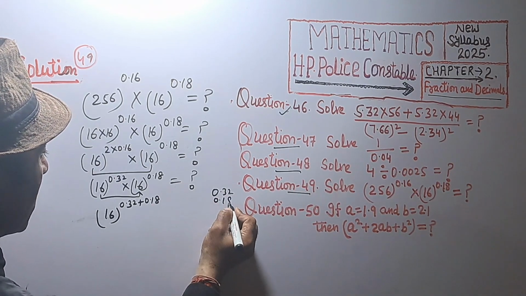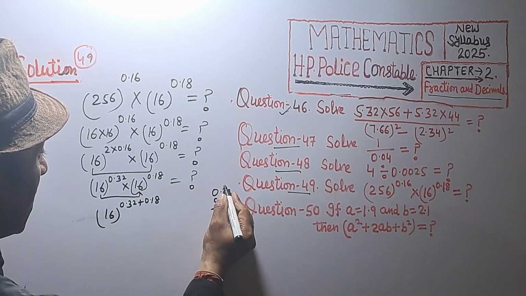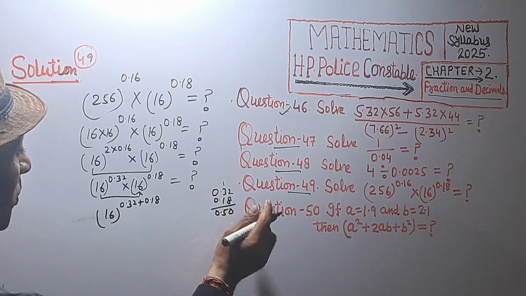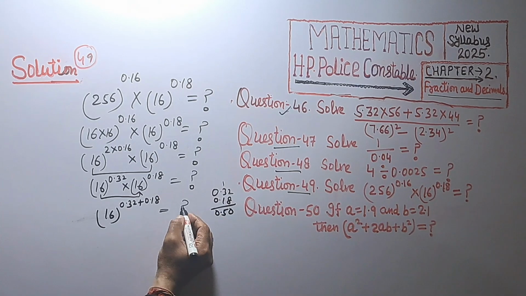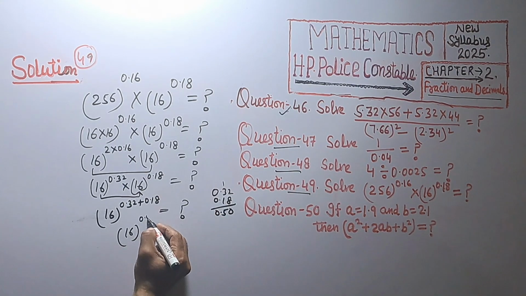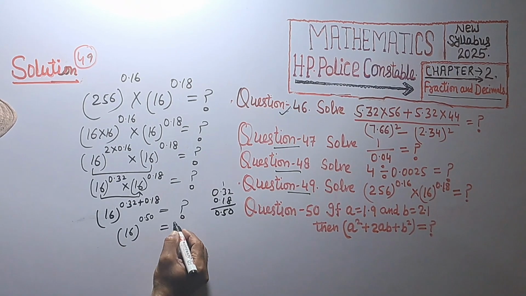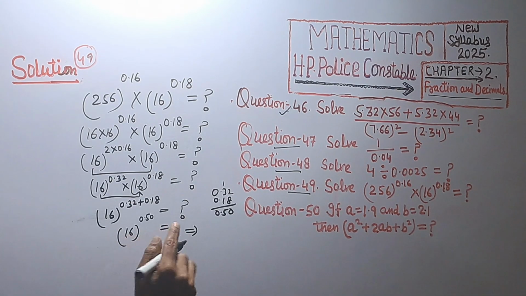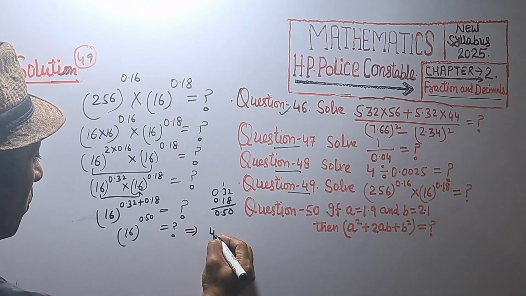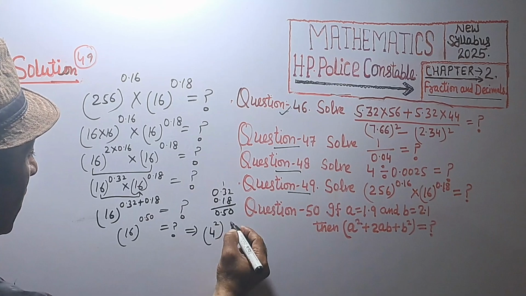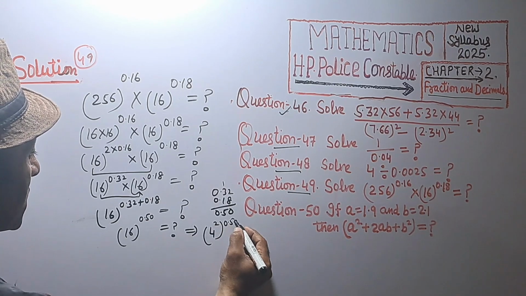0.32 plus 0.18: 8 plus 2 is 10, 1 carry, 5, so 0.50, which implies 16 raised to power 0.50 equal to ? 16 we can write as 4 raised to power 2, and whole raised to power 0.50.